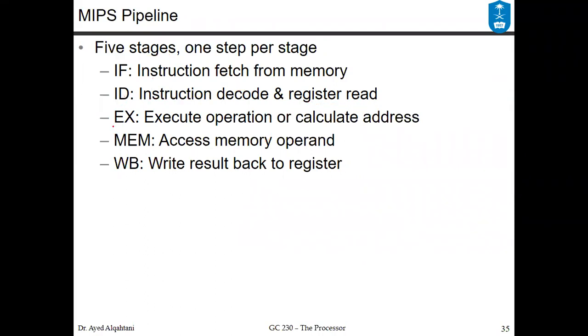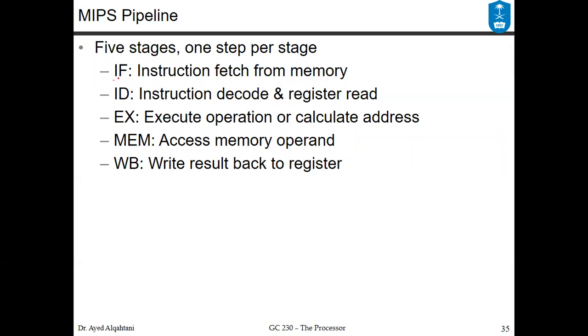And then we have the execute, where you execute the operation using the ALU, or calculate the address in case of load and store. And then you access the memory, some instructions access the memory as we explained. And the 5th and last stage is the write back, or write the result back to the register file.